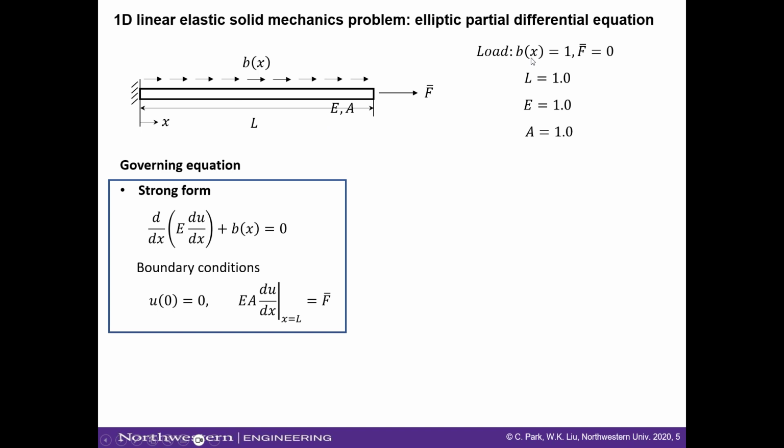There's a body force of 1 across the entire body, there's no force acting on the right end, and it's fixed on the left end. So this is our strong form with the boundary conditions.